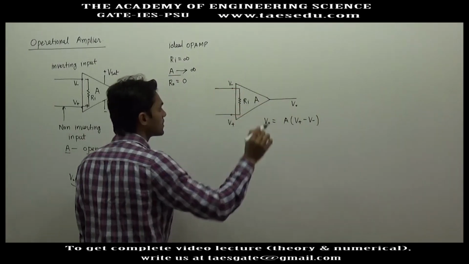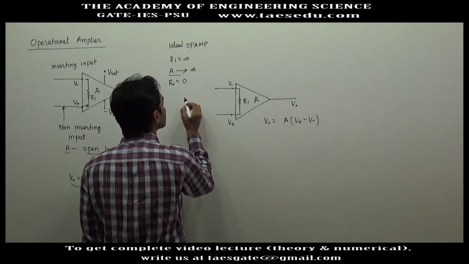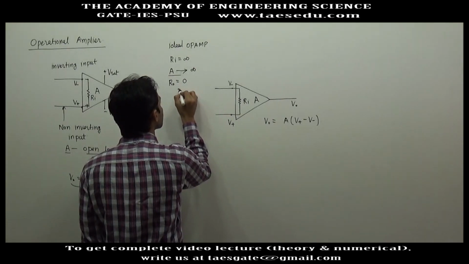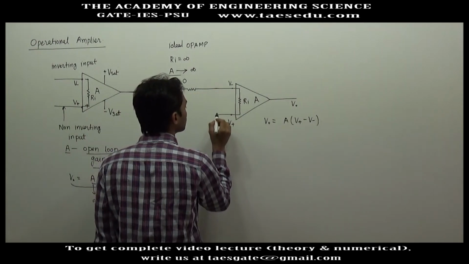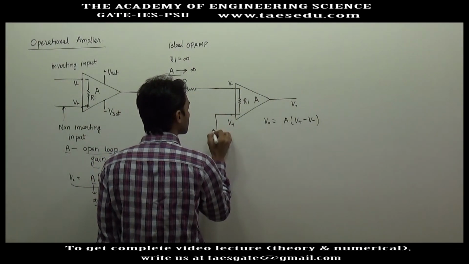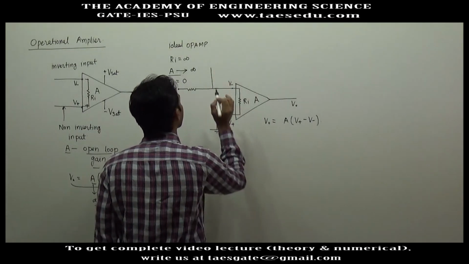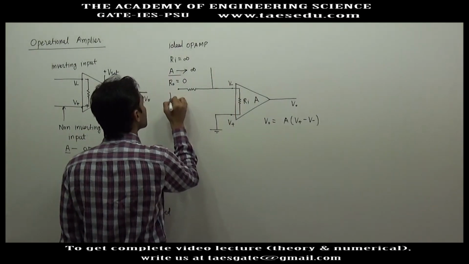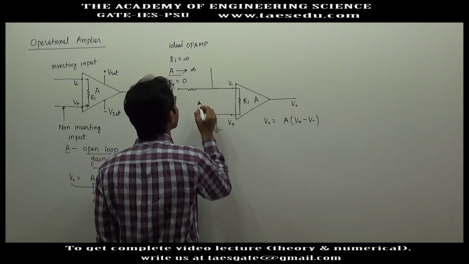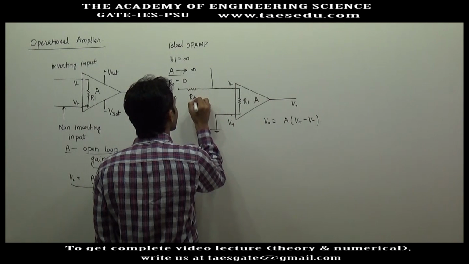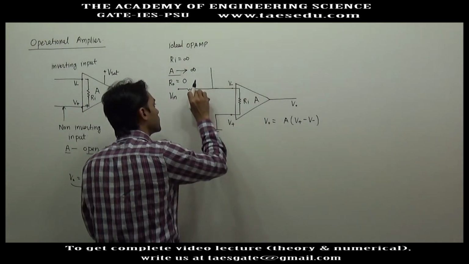Now we will connect this op-amp to a system. Let's say you have a voltage source, and along with it some resistance connected here, and this will make a system. Let's say this is the input voltage and it has a resistance R input, or let's say this resistance is R1.